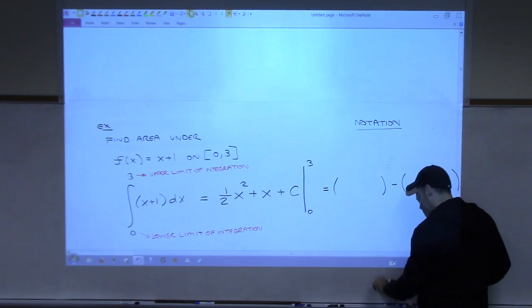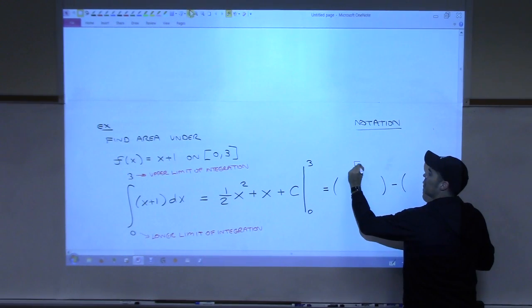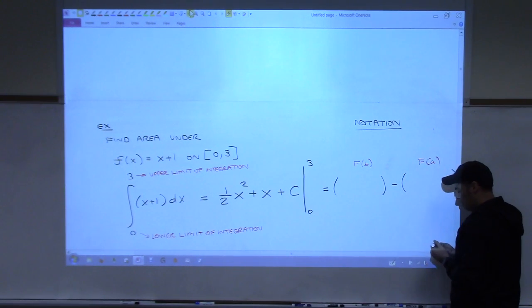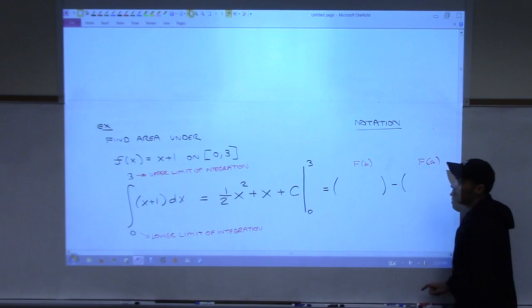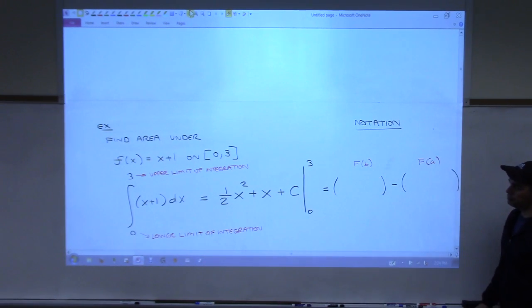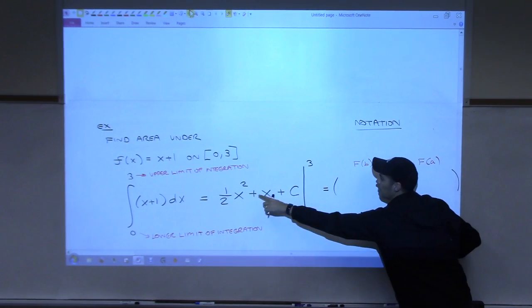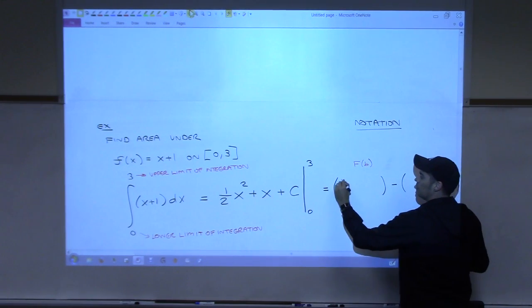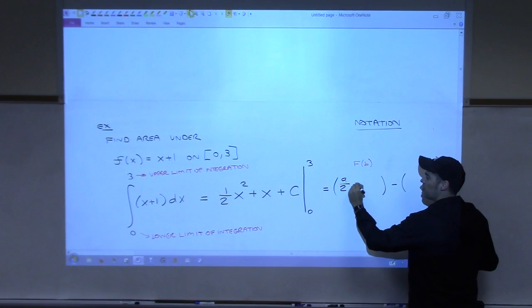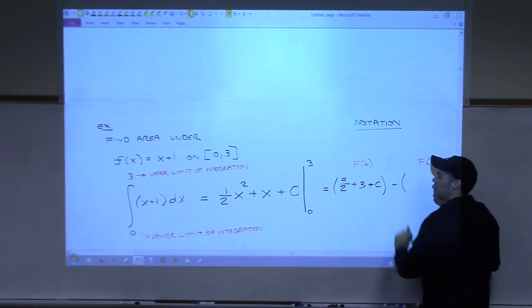This part right here is the f of b minus f of a. And b for us is 3, right? So plug 3 into this, and what do you get? I'm going to say 9/2 plus 3 plus c, right?